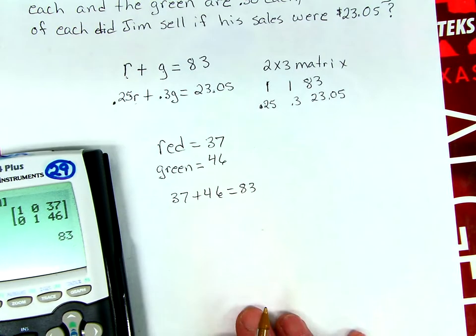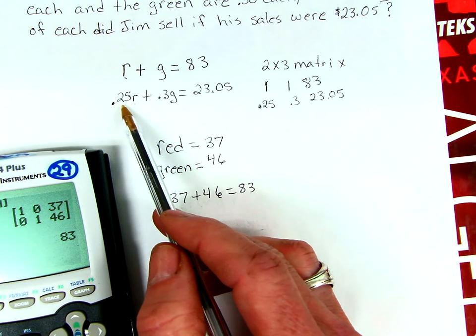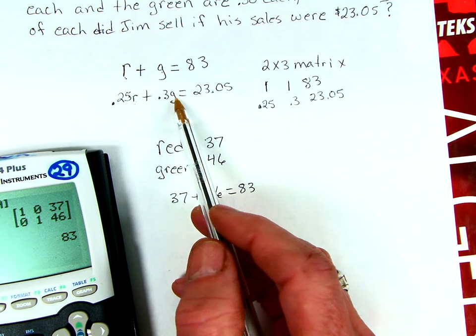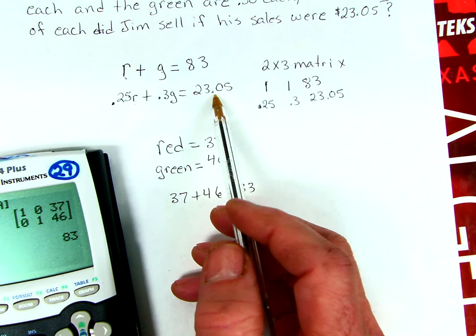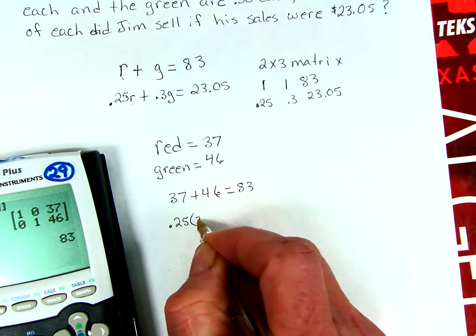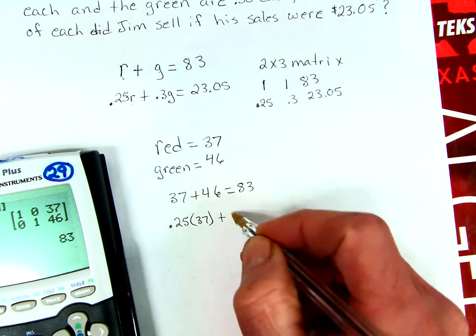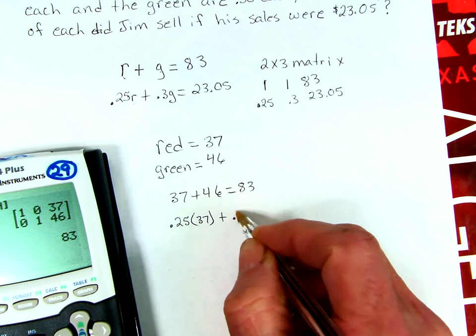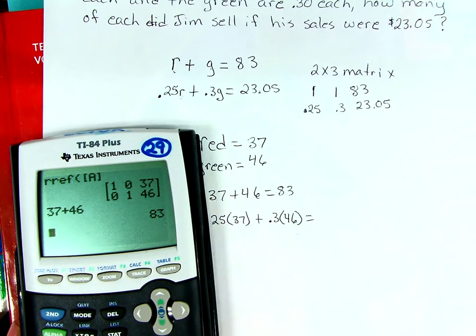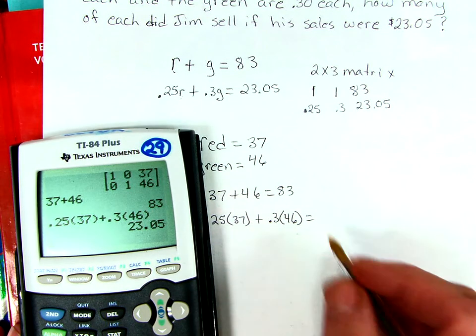It has to be true in both equations. So 0.25 times 37 plus 0.3 times 46 should give me 23.05. 0.25 times 37 plus 0.3 times 46 equals 23.05.